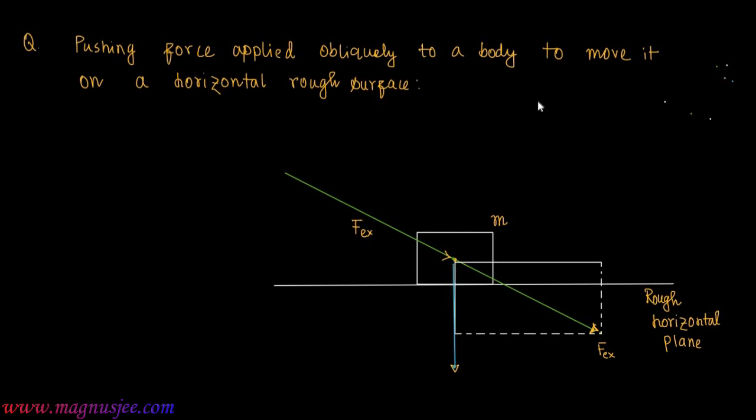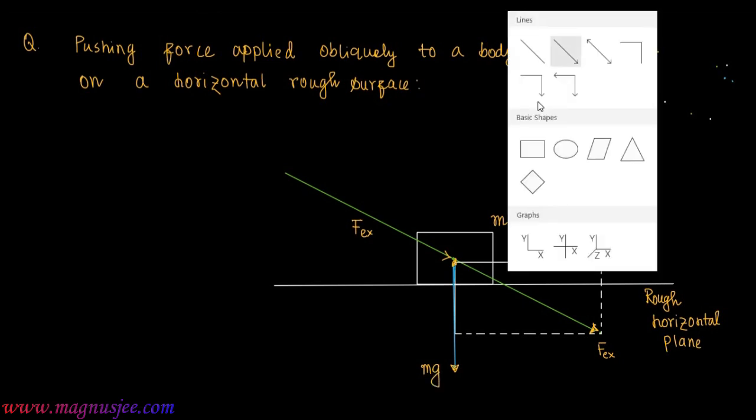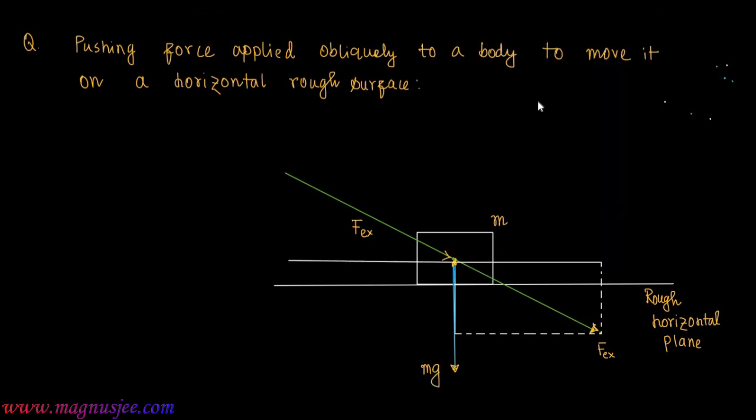Now we can denote the weight of the body mg, which acts vertically downwards, and we can denote a backward direction with respect to the forward direction.